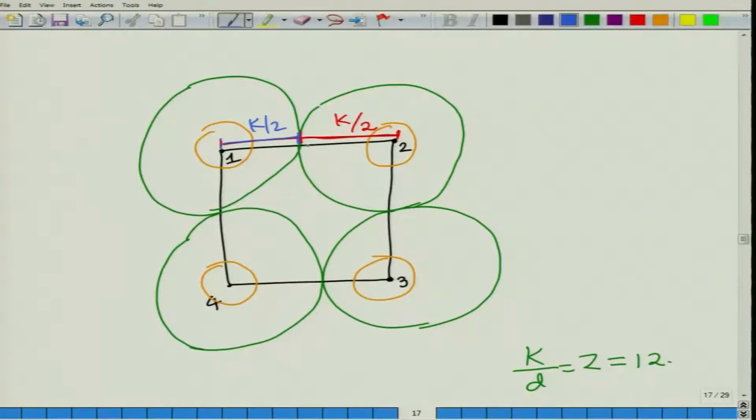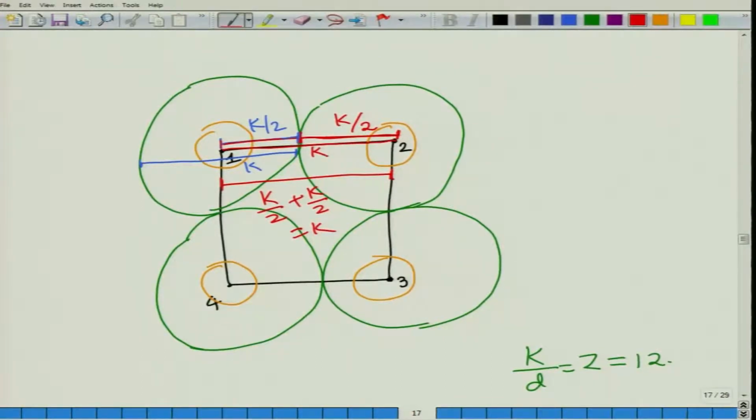Because this is a crown, this portion will be k. So, half of it is k by 2, here also we have k by 2. So, what is the side of the square? The side of the square will be k by 2 plus k by 2, which is equal to k. So, this side is of length k.